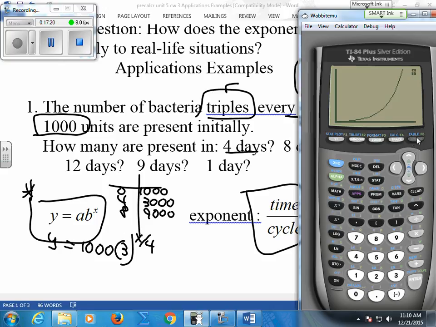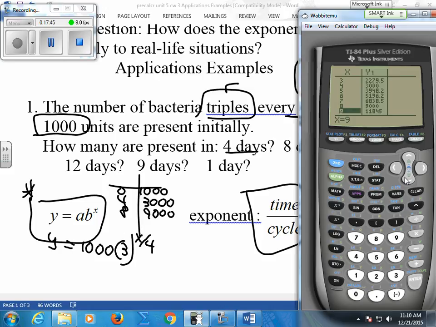Here's my table. At the 0, did we expect 1,000? At the 4, did we expect 3,000? Yeah, we knew this would happen. And at the 8, we expected 9,000. So that's a good indicator that you did the right thing. The reason I say that too is because sometimes we forget the x divided by 4.